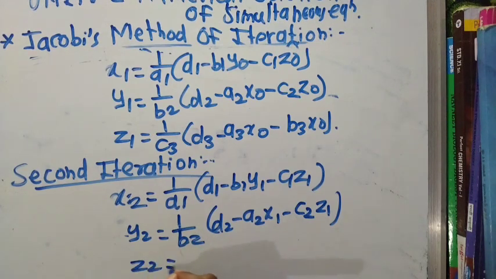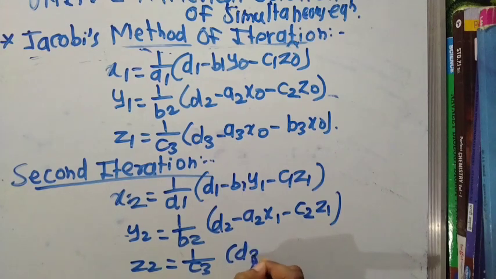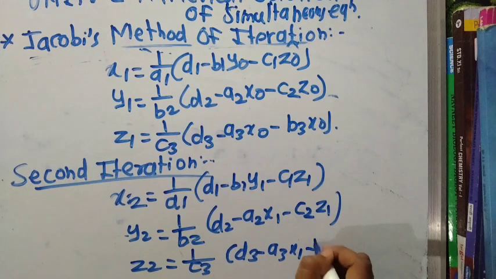Then z2 is equal to 1 divided by c3 (d3 minus a3x1 minus b3y1).